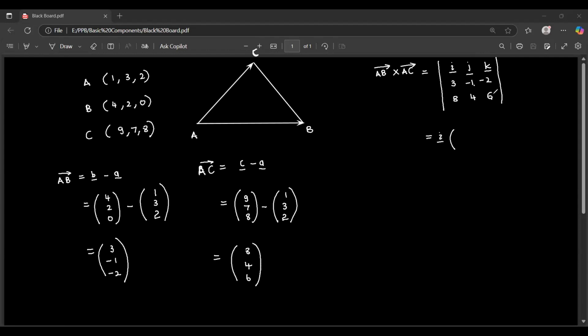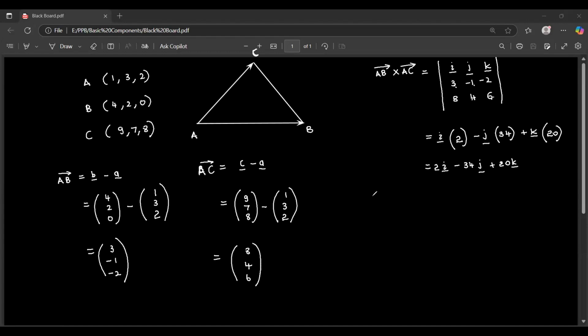So that will be minus 6 plus 8, so we will get 2. Minus j into (3 into 6, which is 18, minus minus 2 into 8, so it will be 16), so it will be 34 together. And then we have plus k into (12 minus minus 8), so it will be equal to 20. Okay, so the answer is 2i minus 34j plus 20k.